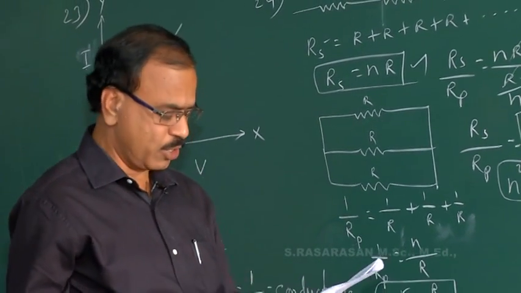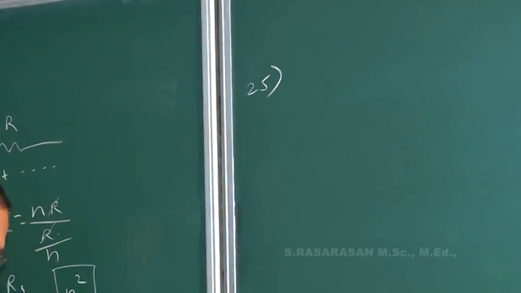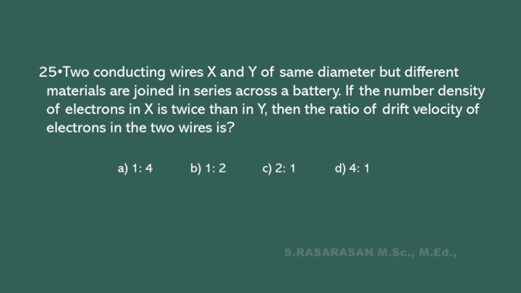Pass on to the next, 25. Two conducting wires X and Y of same diameter but different materials are joined in series across a battery.